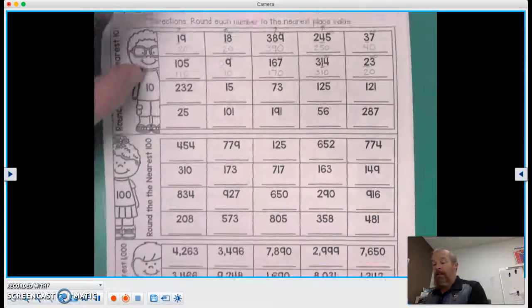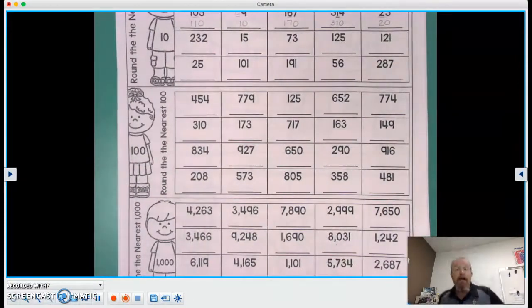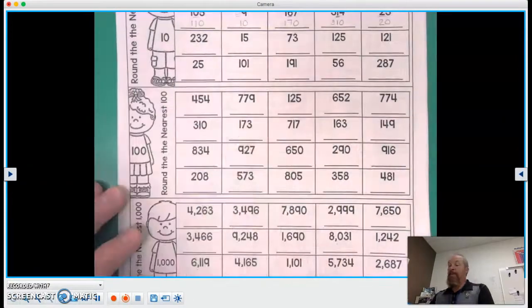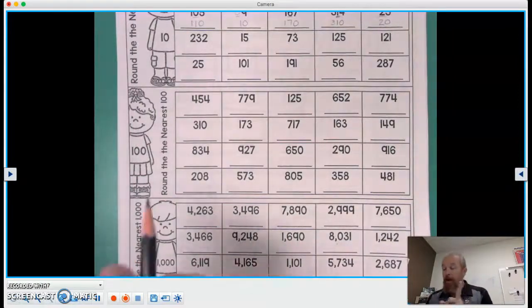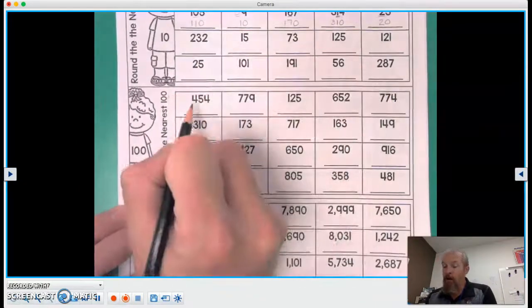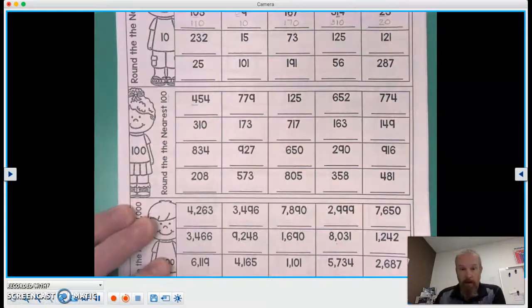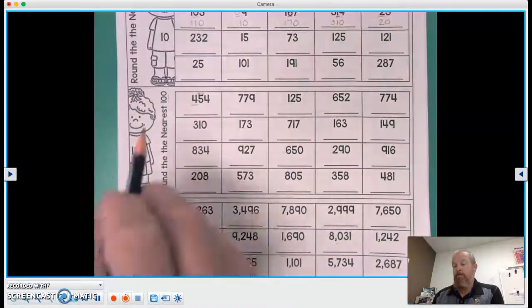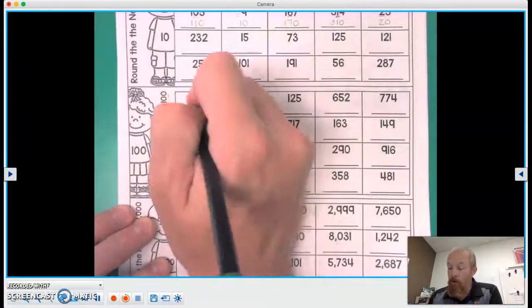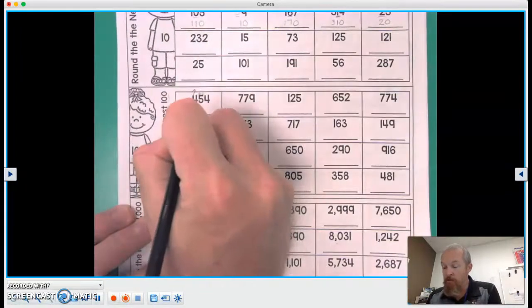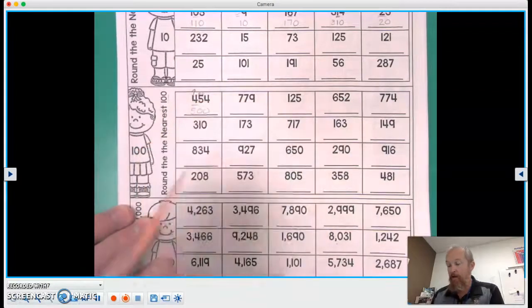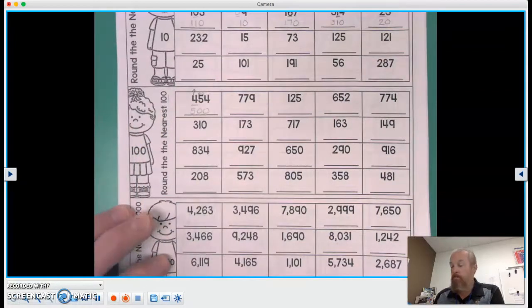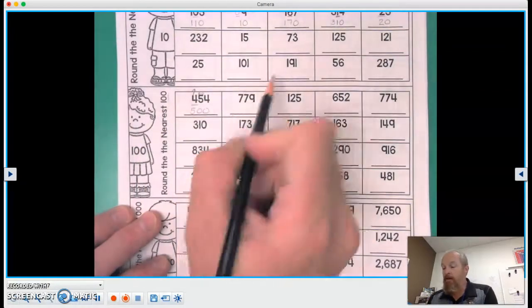All right, let's zip on down here to the hundreds column. Same rules apply. We're now going to look at the hundreds column, and look next door at the 5. 5 or more, raise the score. So we are up to 500. 779.